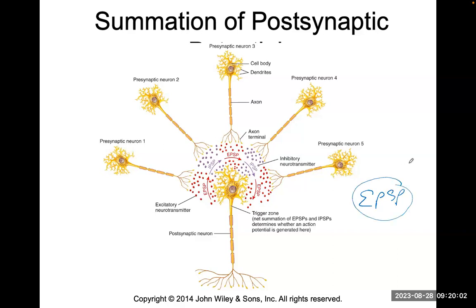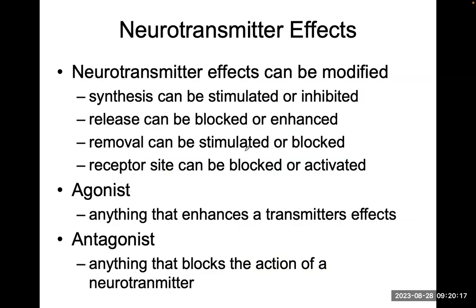All right, it's going to look at the summation effect of many firing at one time compared to one in repetition over and over and over again. So the neurotransmitters are going to have an impact on excitation or inhibition. And when we come back, we'll get into some of the neurotransmitters.